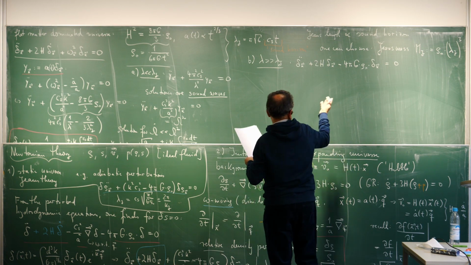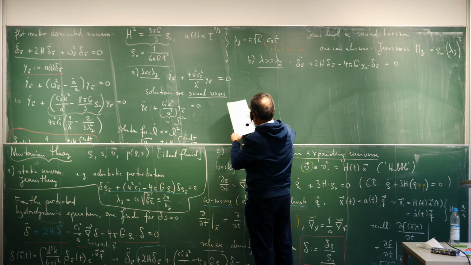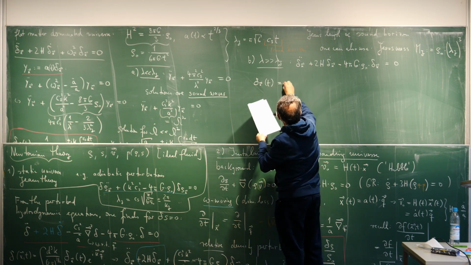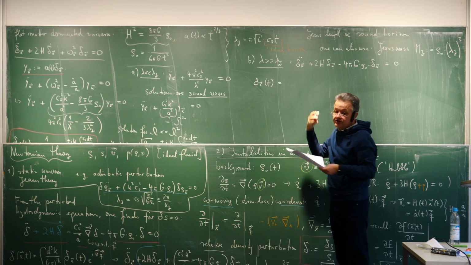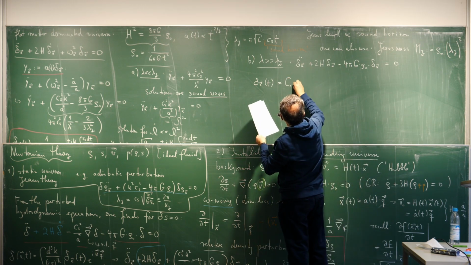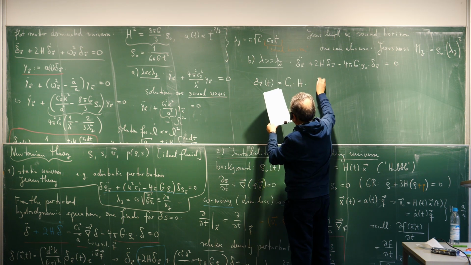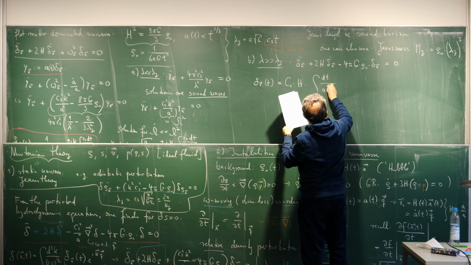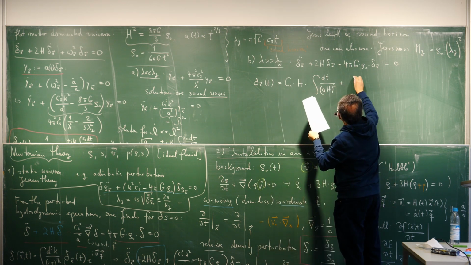And you can solve this, and one can find the following general solution. Just convince yourself that this is really the solution. Of course, the second order equation has two integration constants, which I call C1 and C2. So C1 times Hubble times the integral of dt over A times h squared plus C2.